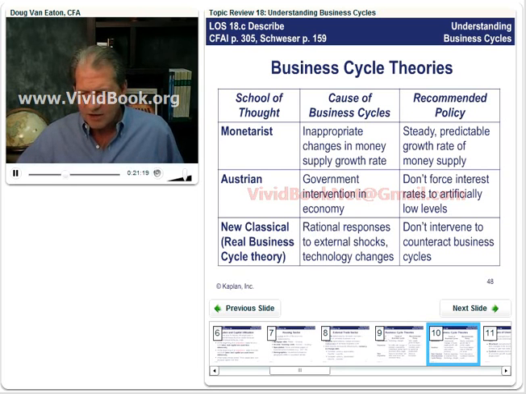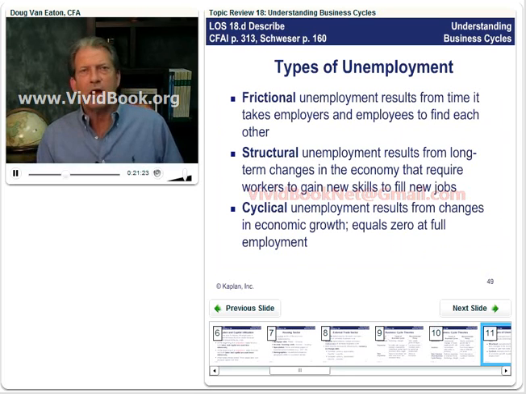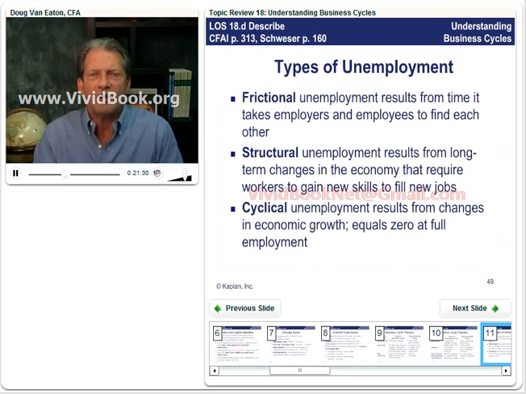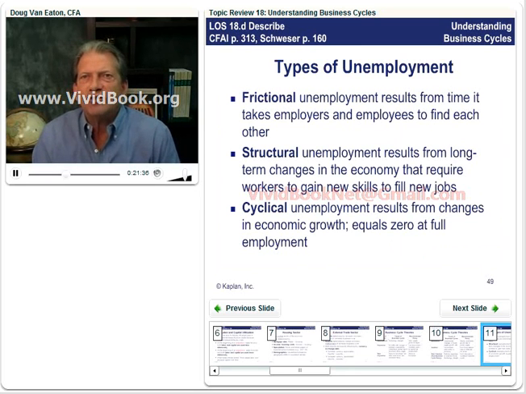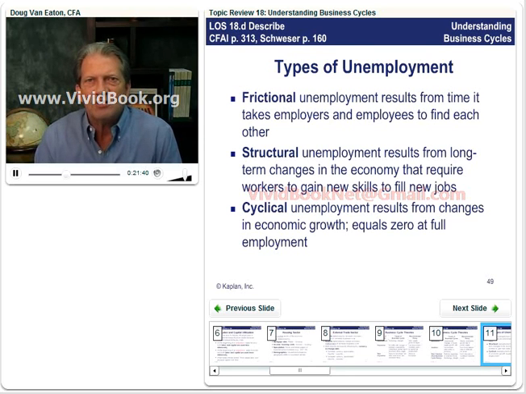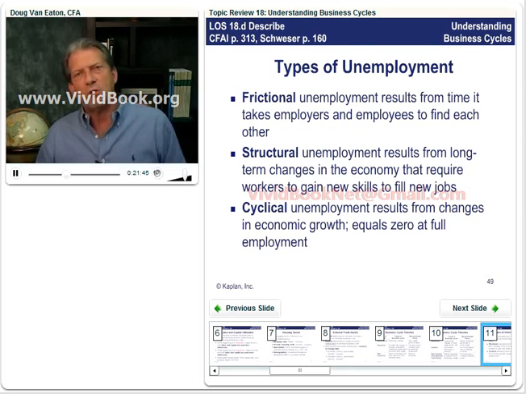Okay, moving right along, our next topic here, we're going to define some things. Frictional unemployment. When there's friction, you know, you tell your boss you hate the looks of him, and there's some friction, well, you're looking for a new job. That's frictional unemployment. It's really the time it takes employers and employees to find each other in the economy. There's people looking for work that have the required skills.